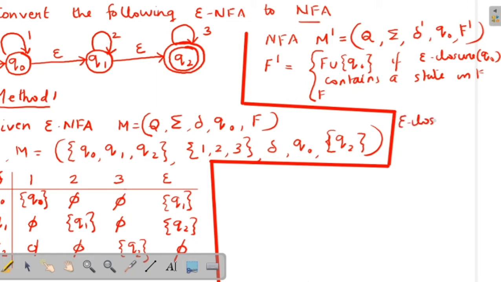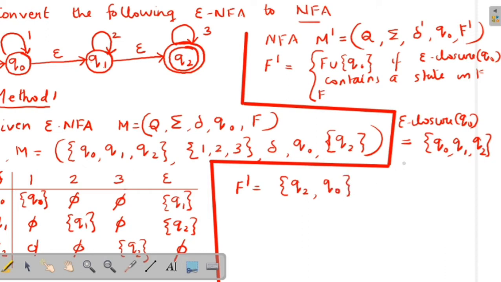Epsilon closure of Q0 is Q0, then Q1, and the epsilon closure of Q1 is Q1, Q2. So it is {Q0, Q1, Q2}. The epsilon closure of Q0 contains the final state Q2. So F dash is equal to F union {Q0}, where F is Q2. So {Q0, Q2} is the final state set of the NFA.